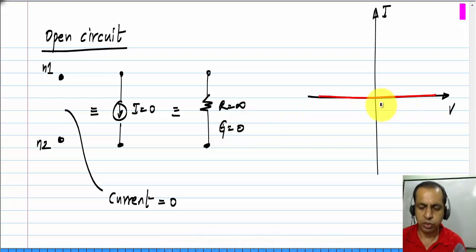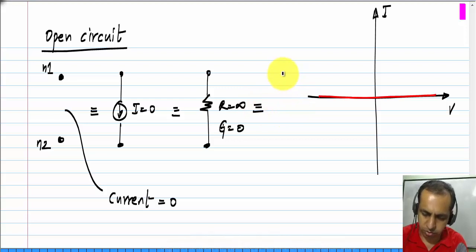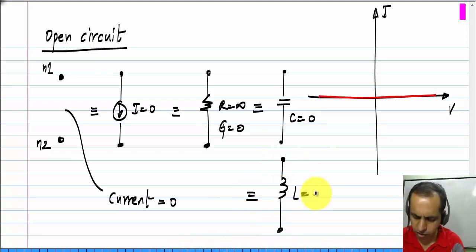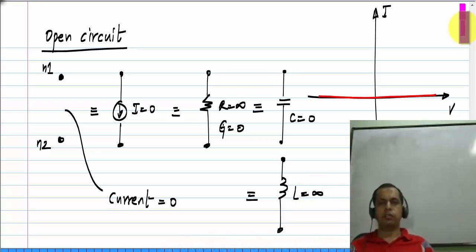Again, I won't prove this, but you can very easily reason it out for yourselves that this is equivalent to a 0 valued capacitance or an infinitely large inductance. So that's an open circuit. Sometimes it's useful to think of either an open circuit or a short circuit as these elements with these extreme values.